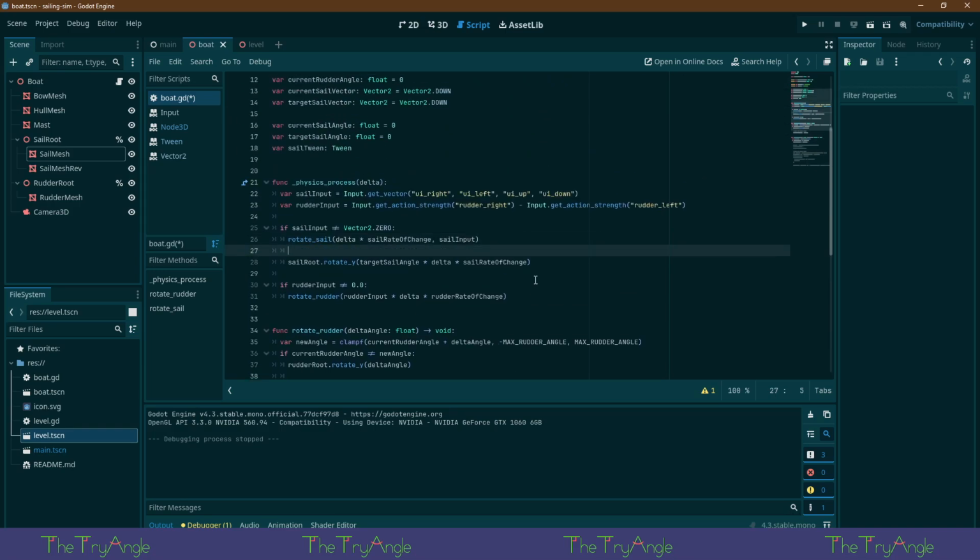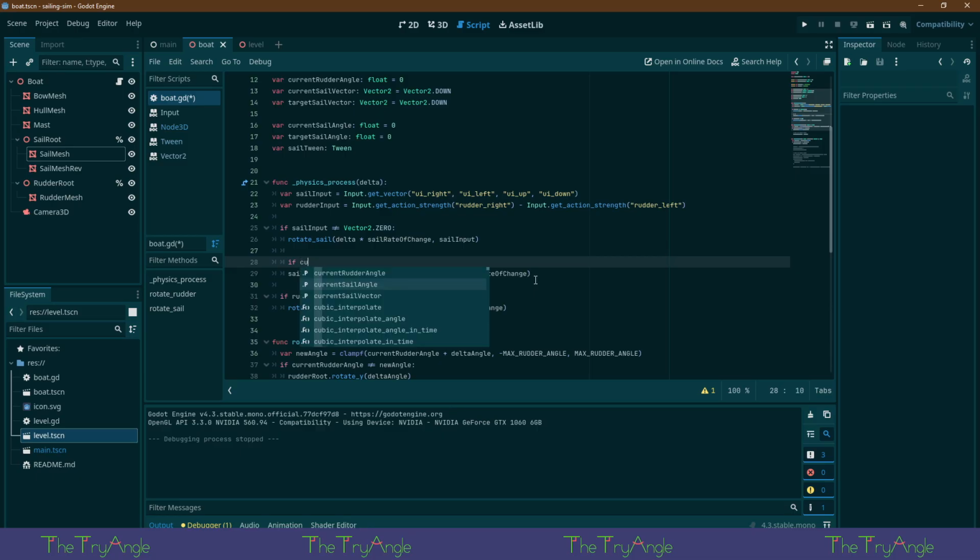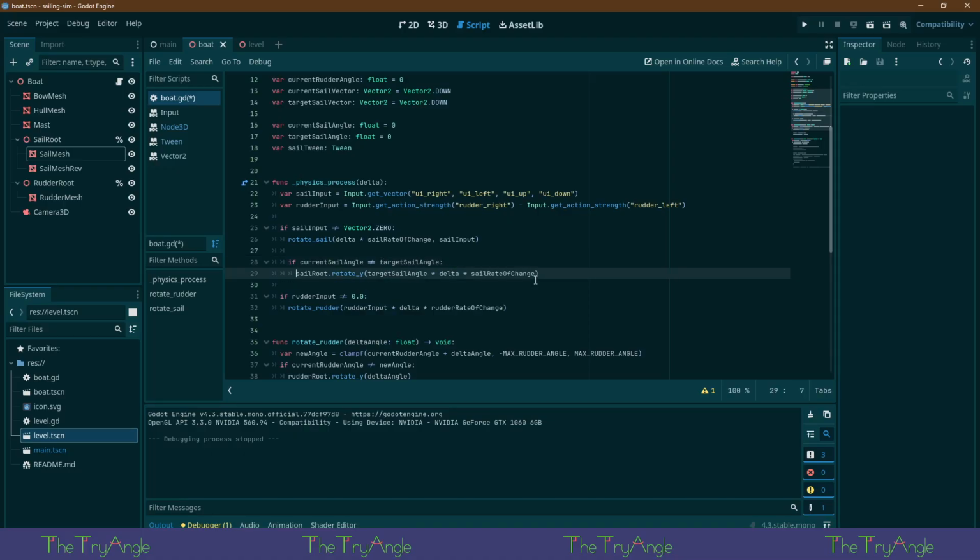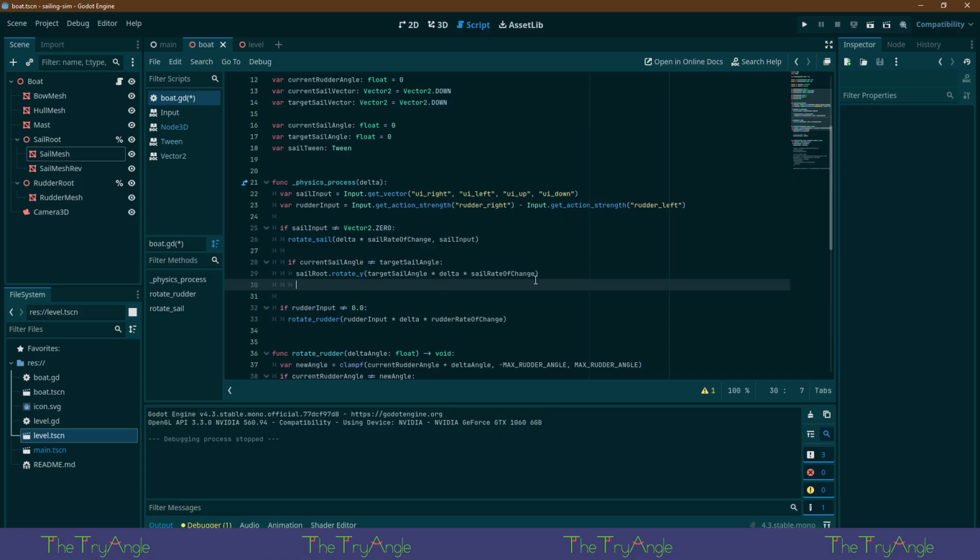Of course. All right. If we're not equal to our target. All right. And then our current sail angle will just be sail root angle. Sorry. Sail root. Oh, yeah.